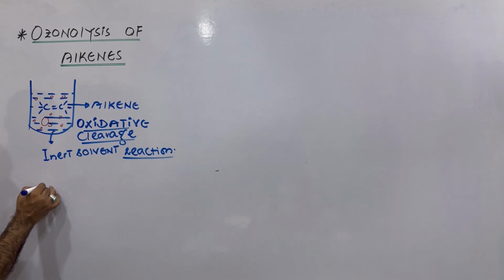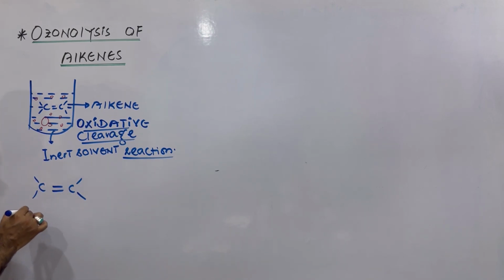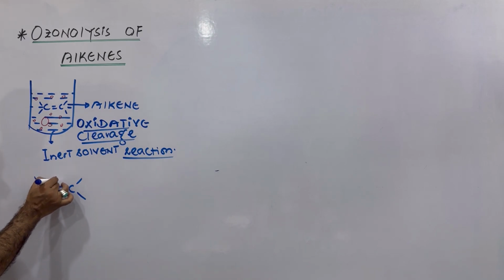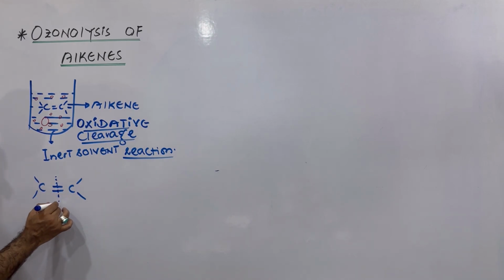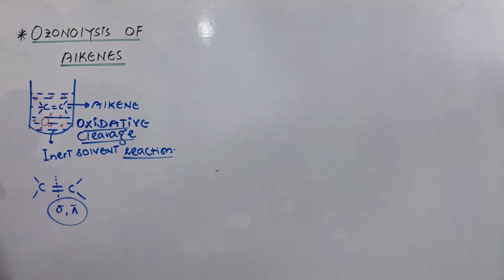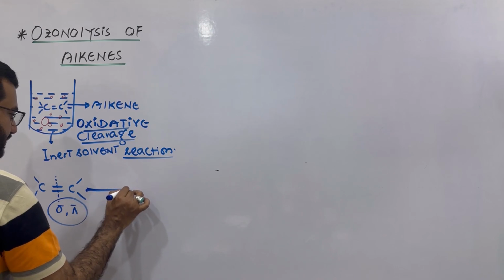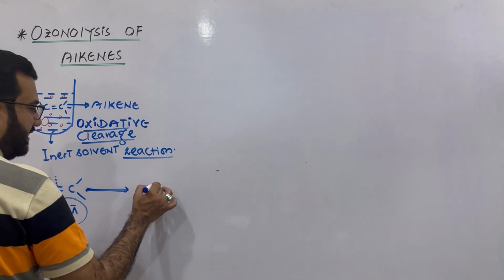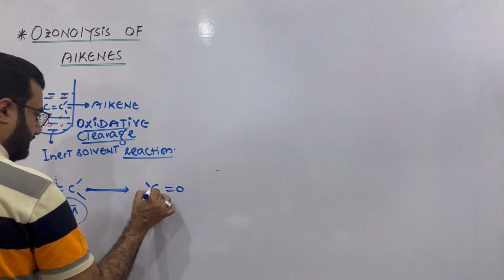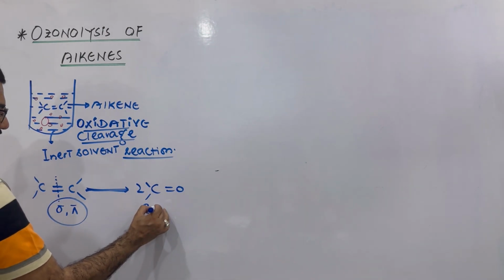As a result of this oxidative cleavage reaction, the double bond between two carbon atoms is cleaved, and both sigma and pi bonds are broken down. When the sigma and pi both bonds are broken down, then the alkene is converted to the carbonyl compounds.